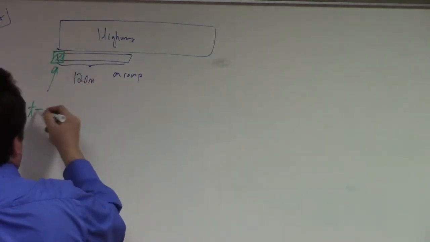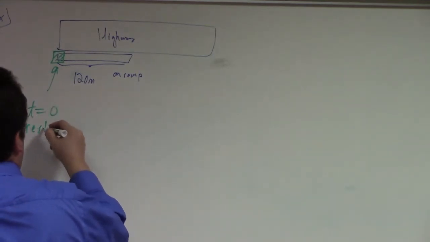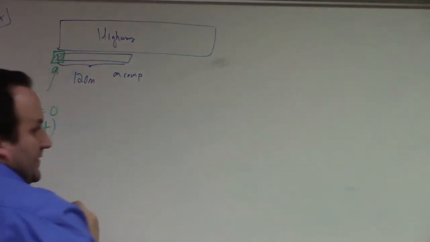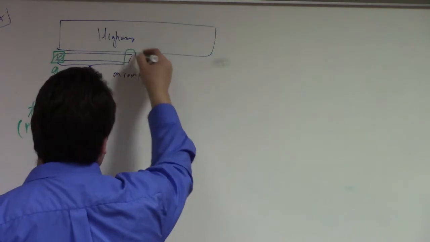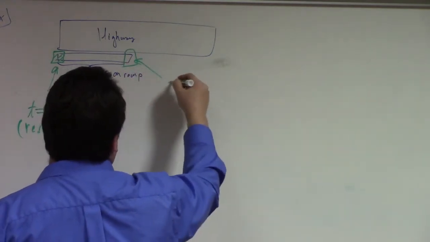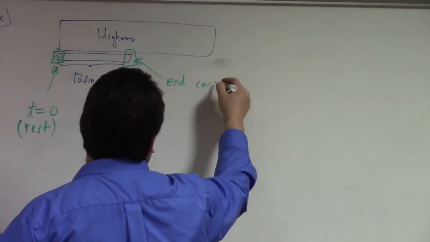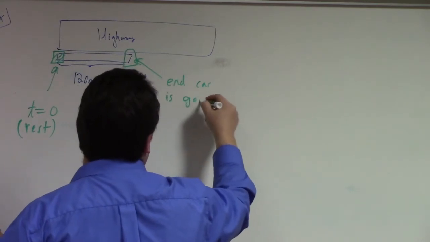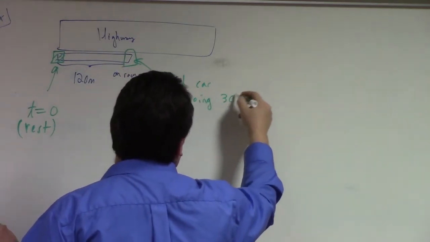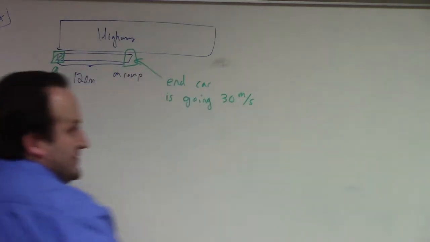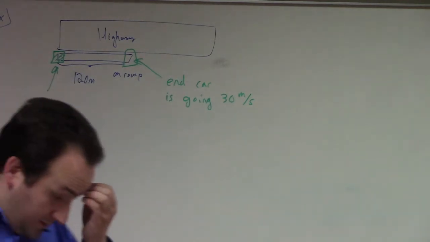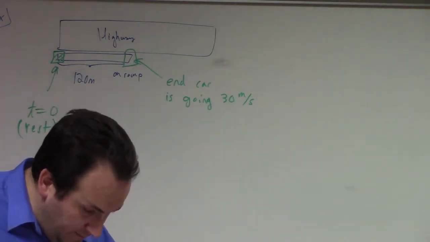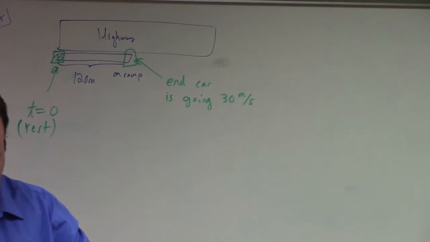T equals 0, at rest. And then by the time it gets to the end, the car is going how fast? In my problem, 30 meters per second. It's randomized, you guys have different numbers.